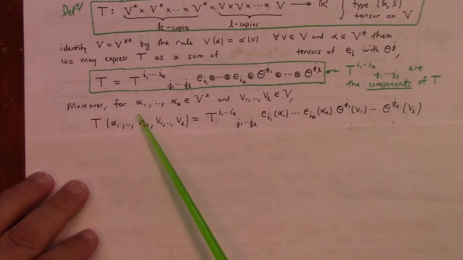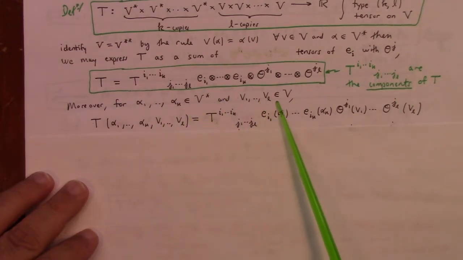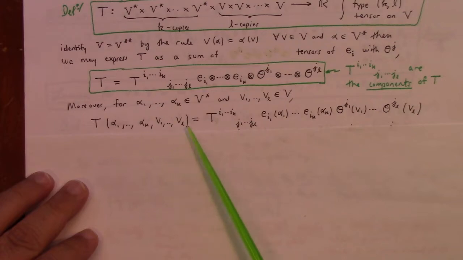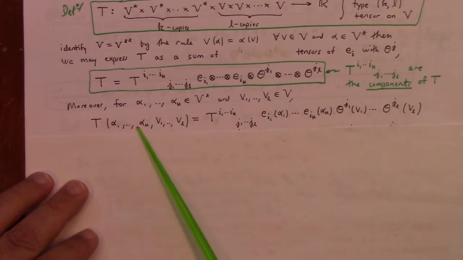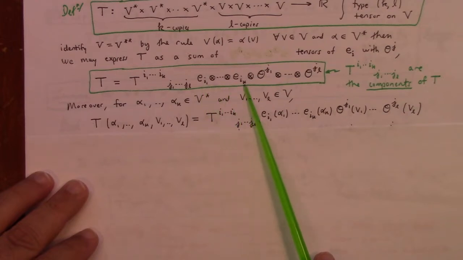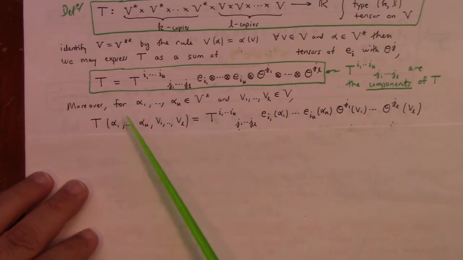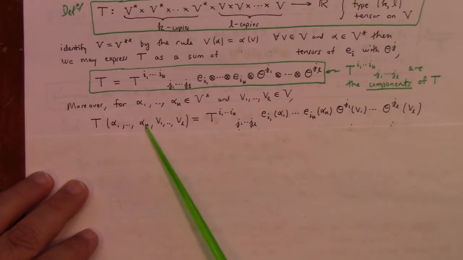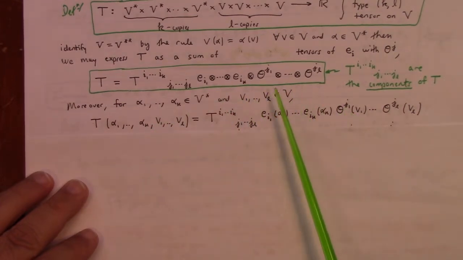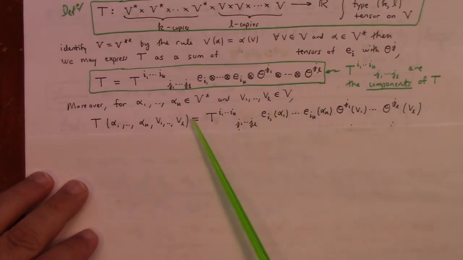So if we have this tensor acting on these covectors and these vectors, you feed it to T, and I'm claiming that if you feed this K plus L tuple of covectors and vectors into this contraption right here, what pops out is just E I1 of alpha 1 ... E Ik of alpha k, right? And then theta j1 of v1 ... theta j sub l of v sub l, all right?